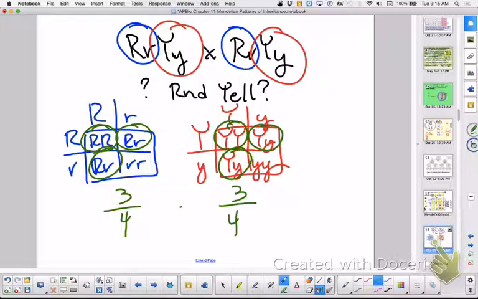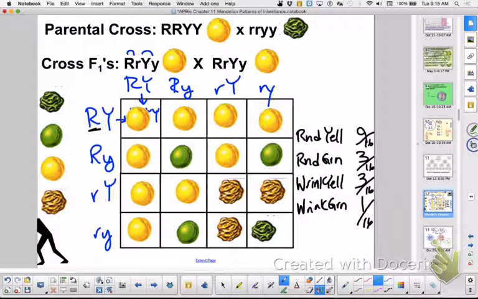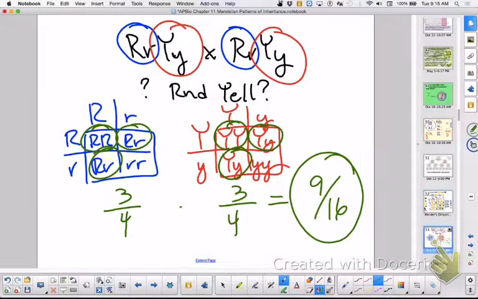Product law. 3 times 3 is? 4 times 4 is? 9 out of 16 turned out round and yellow. So you can solve any problem now because you do individual Punnetts and multiply the probabilities together if they happened at the same time. Product rule, right?